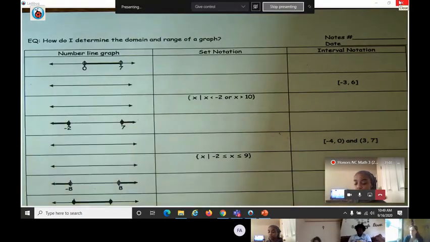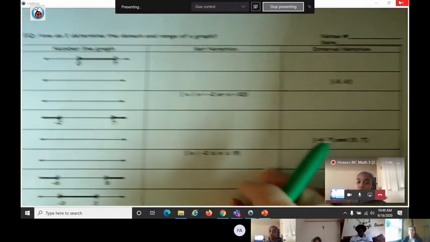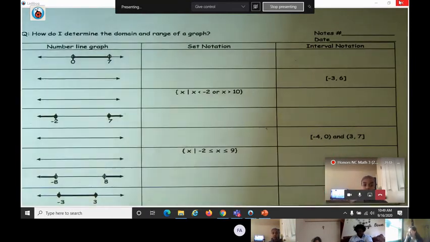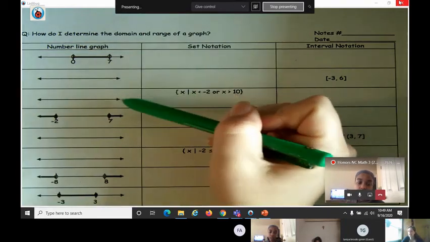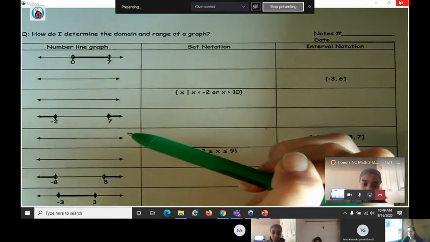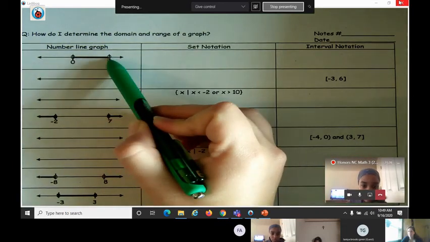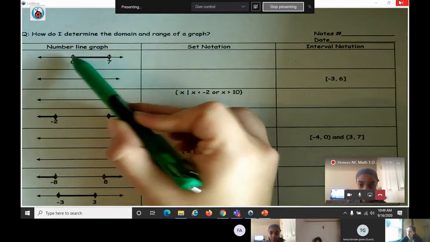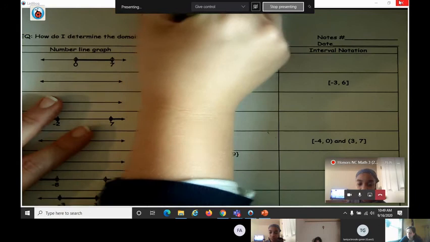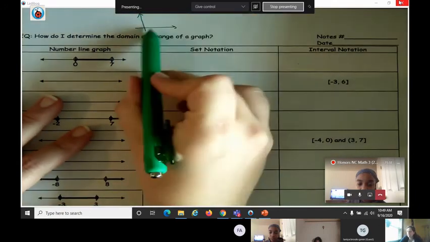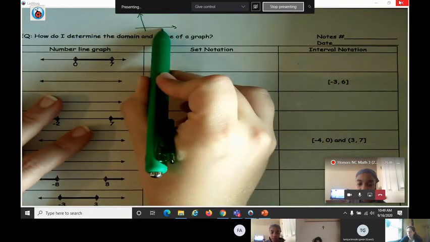we are going to first talk about different notations. We're talking about domain and range today. So first we're going to talk about different ways to write domain and range, okay? And we're going to do it by looking at number lines and writing what this is in mathematical notation, because on a graph, our domain is the interval that our function is on the x-axis.